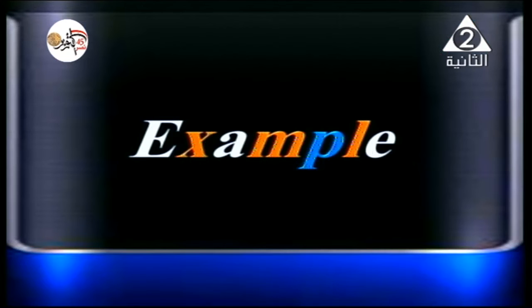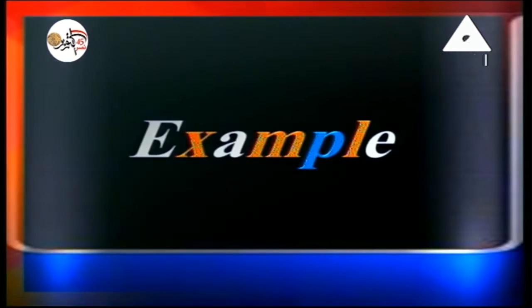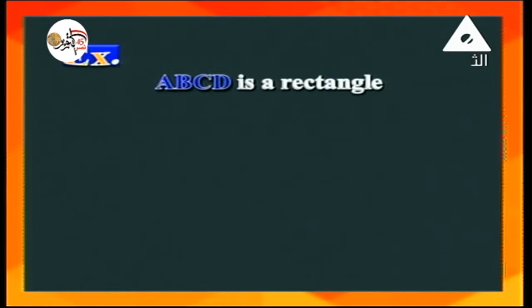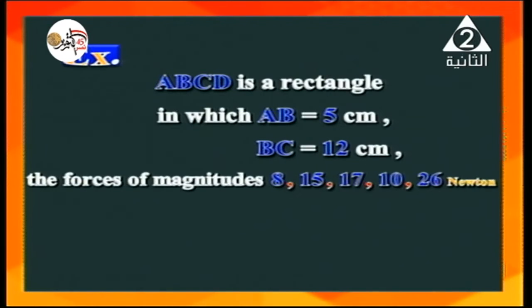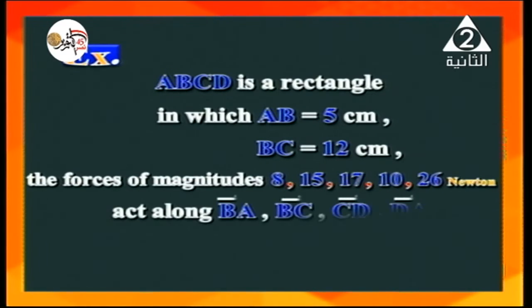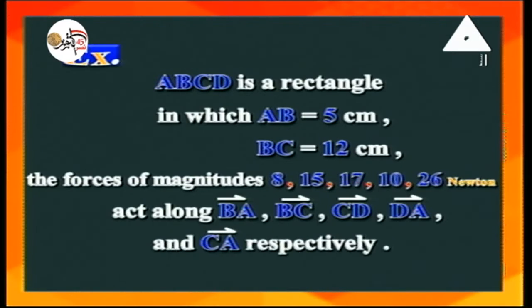Now we move to another example. My dear student, ABCD is a rectangle in which AB equals 5 centimeter, BC equals 12 centimeter. We have 5 forces, with magnitudes 8, 15, 17, 10, 26 Newton, acting along the BA, BC, CD, DA, and CA directions respectively.